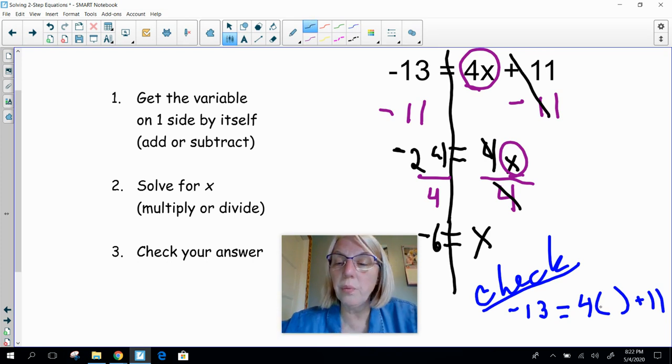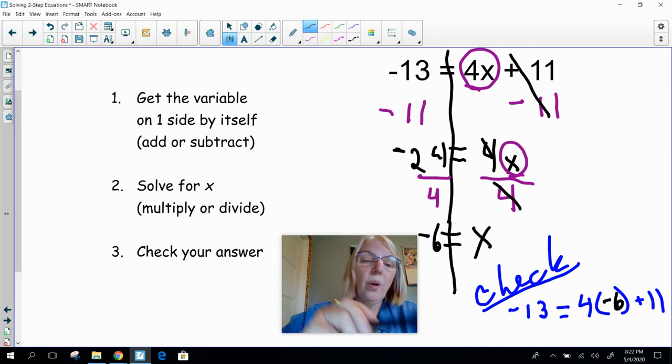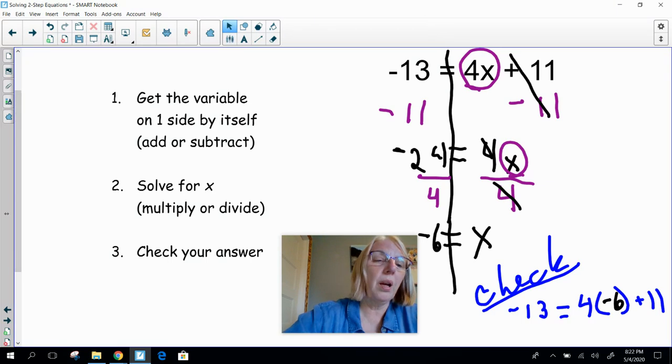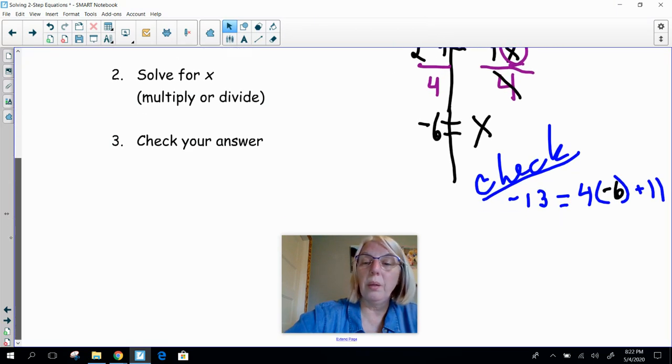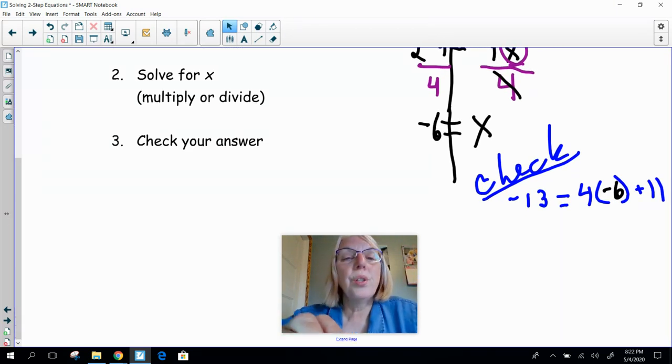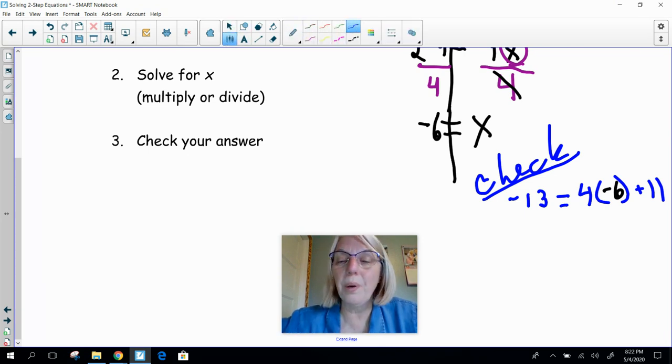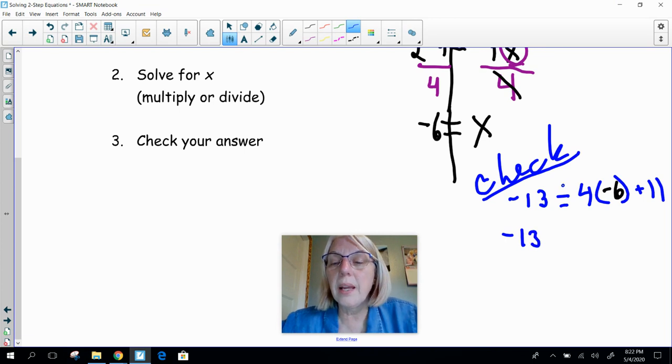And in this case, we believe that that's negative 6. Well, is that true? I don't know. We need to do a little bit more solving. So if it is true, then when we work this problem, we're going to get negative 13. And on this side, order of operations, we multiply first.